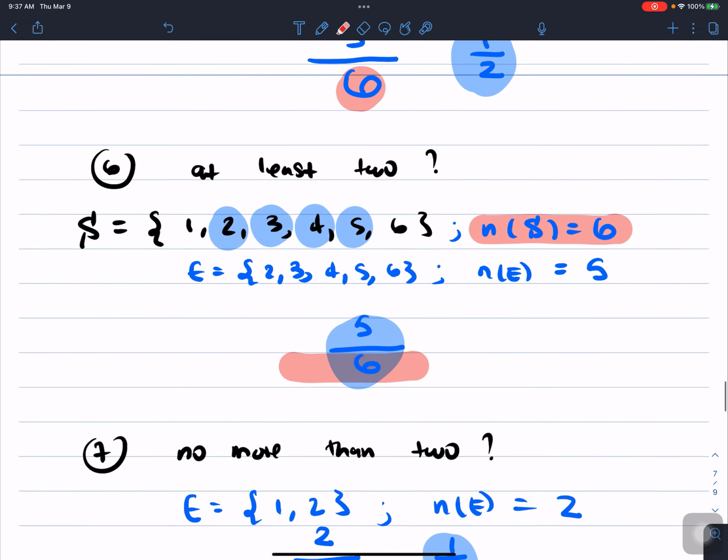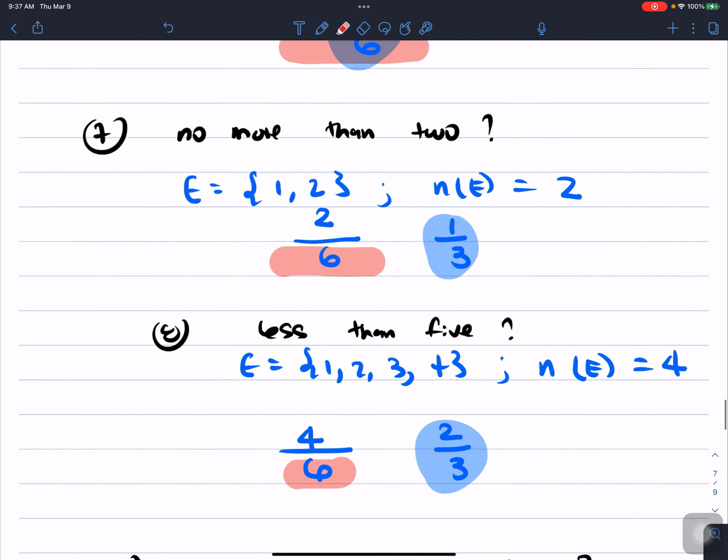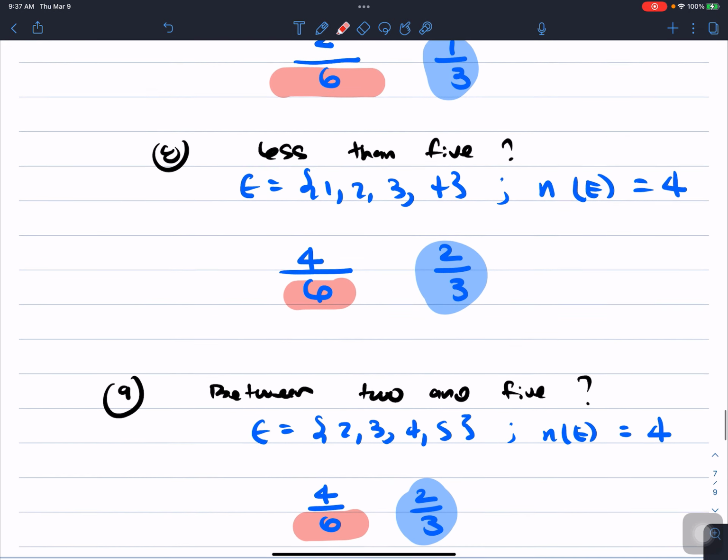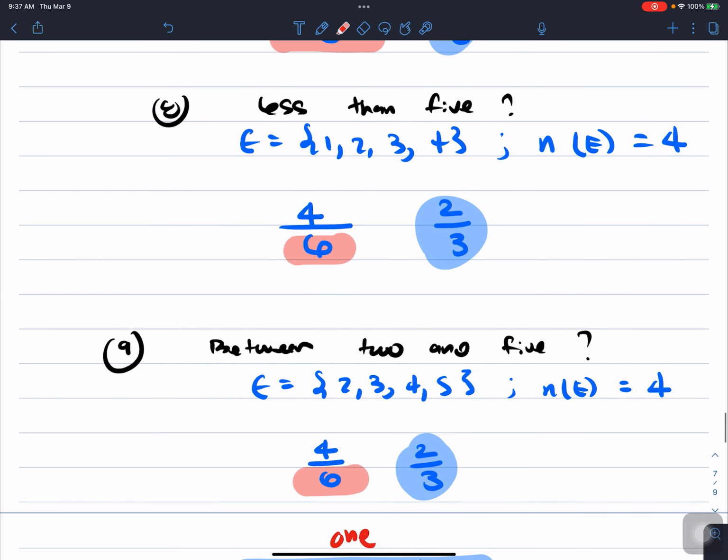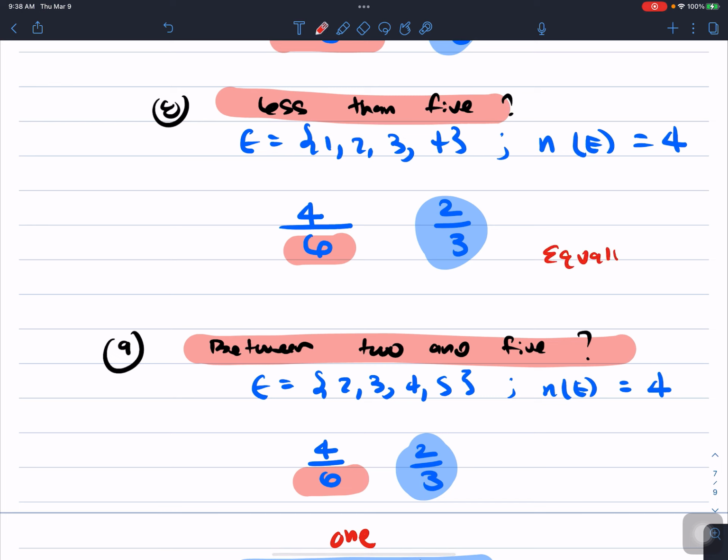Were there any others in these examples that were equally likely? I think so. Yes, right here. Less than 5, between 2 and 5. How do you know they're equally likely? They're both 2/3. Good. Equally likely.